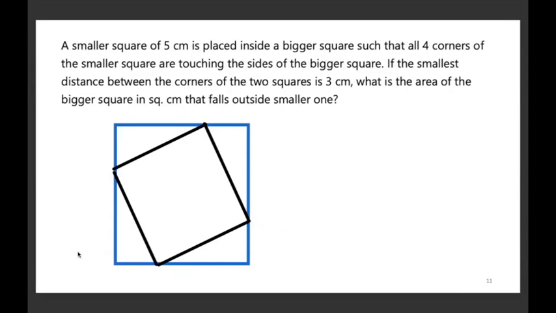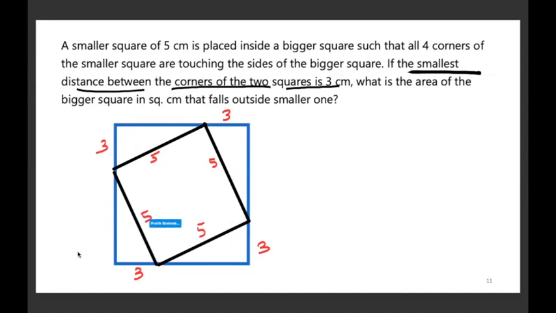What we also know is the smallest distance. The smallest distance between the corners of the 2 squares is 3 centimeters. So this is 3, 3, 3, and 3. We also know the side of this smaller square is 5.